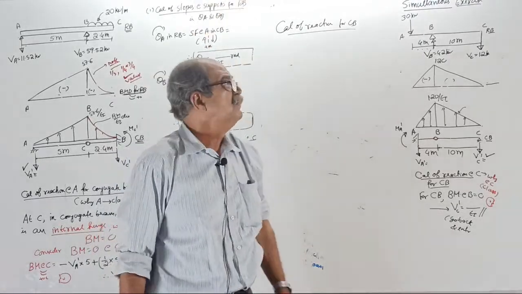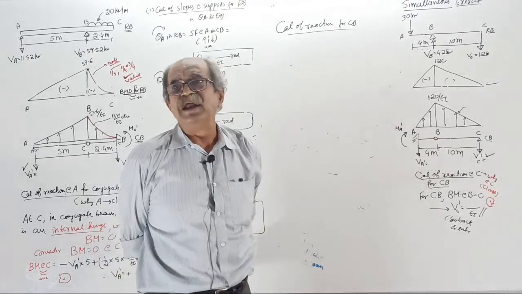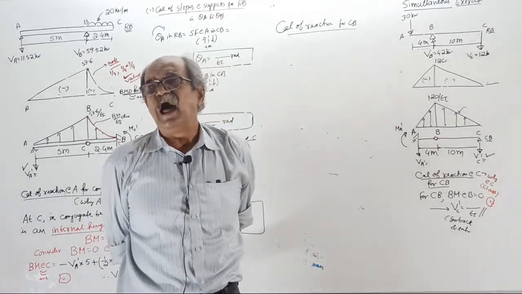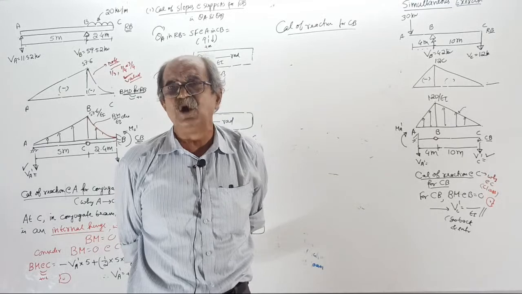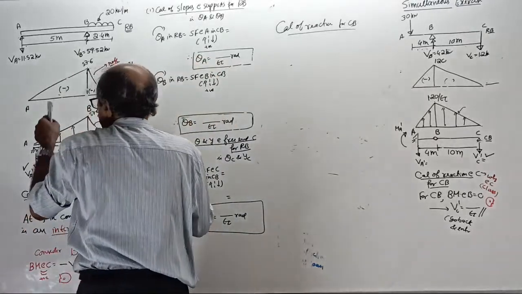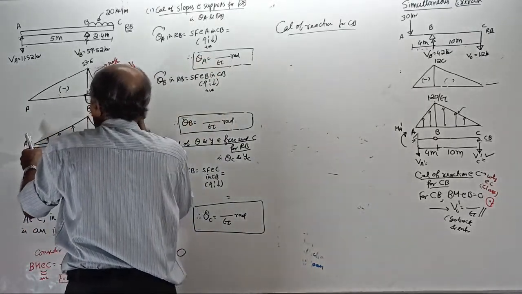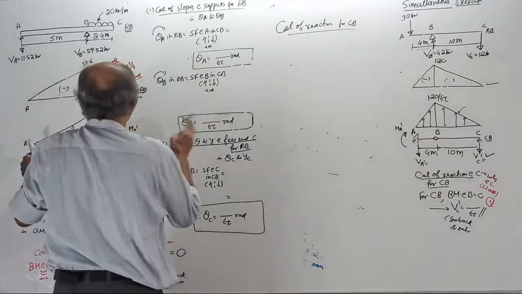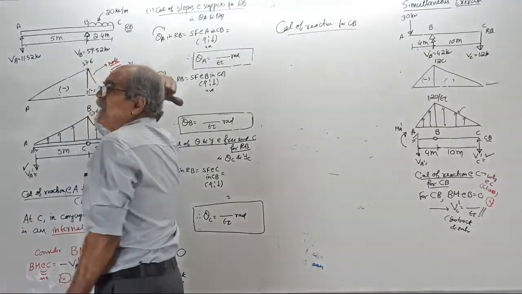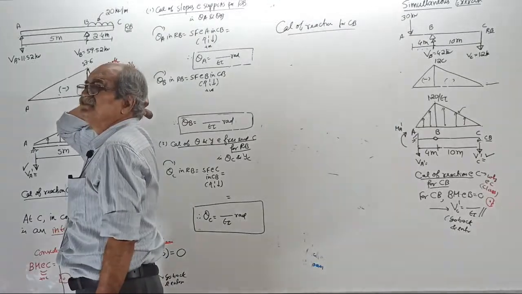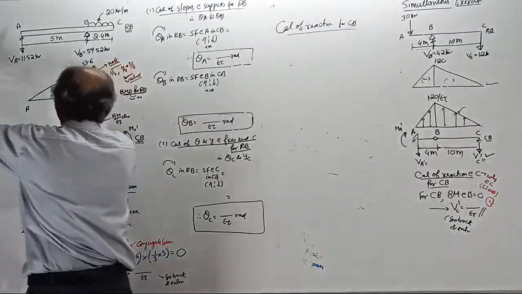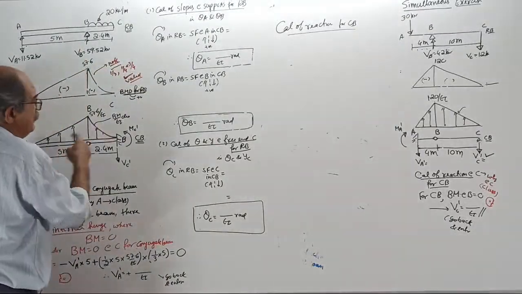Do not waste time finding the vertical reaction and reacting moment at the fixed end. Whatever you do, look this side, don't look that side. Do not look at the fixed end side.